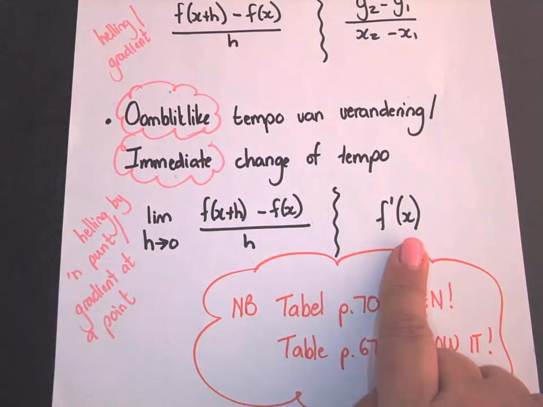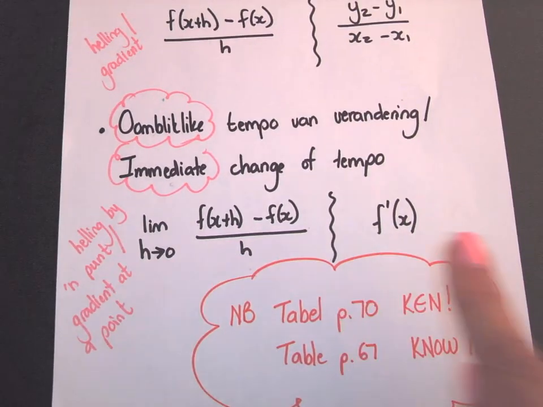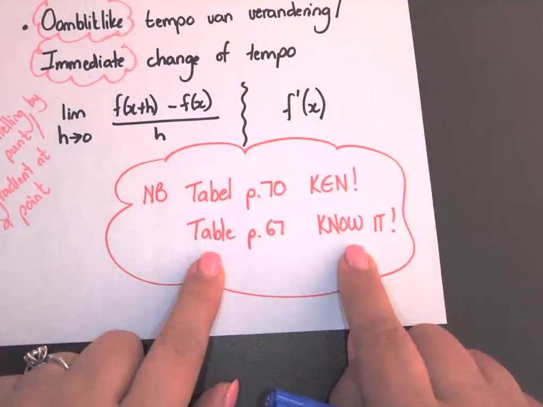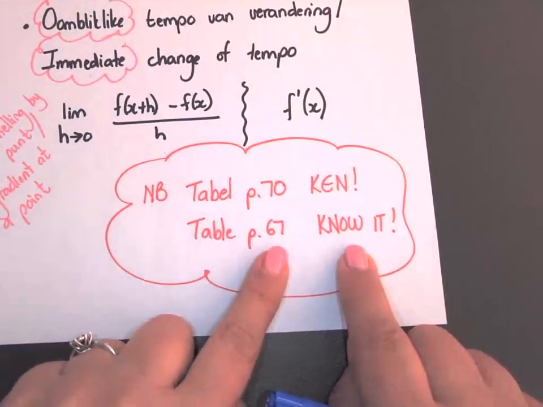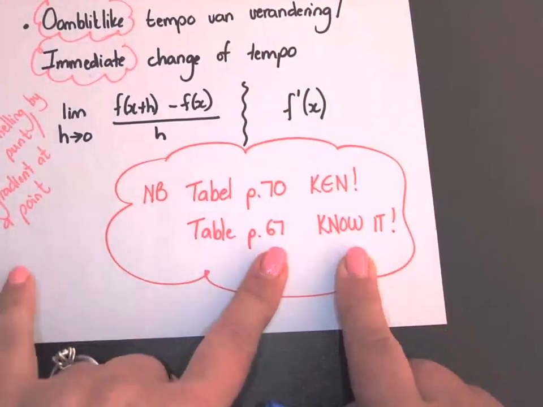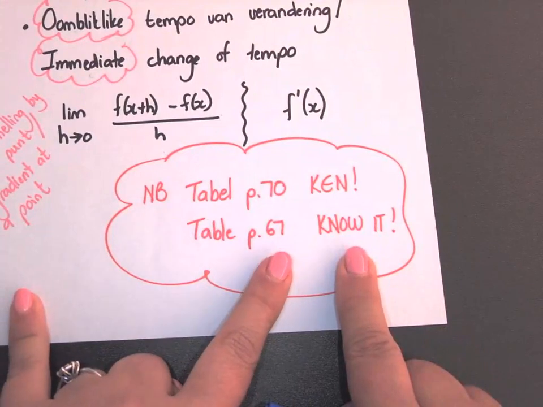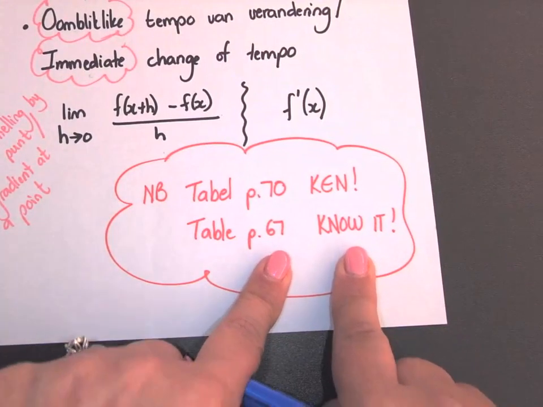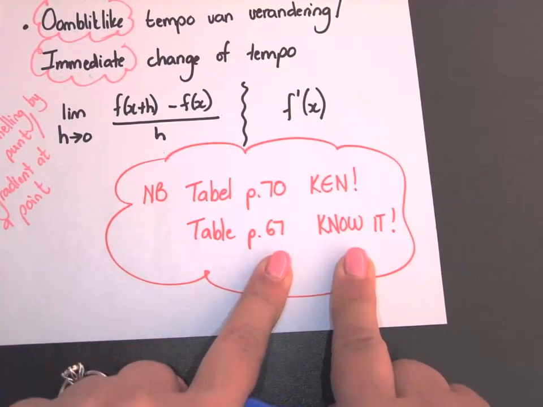These are all in your notes, so you must learn those options. You must also know the table on page 67. All those equations and formulas you must know. They won't necessarily give it to you. Okay.